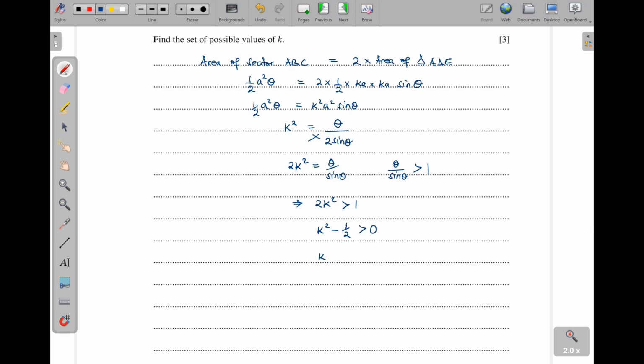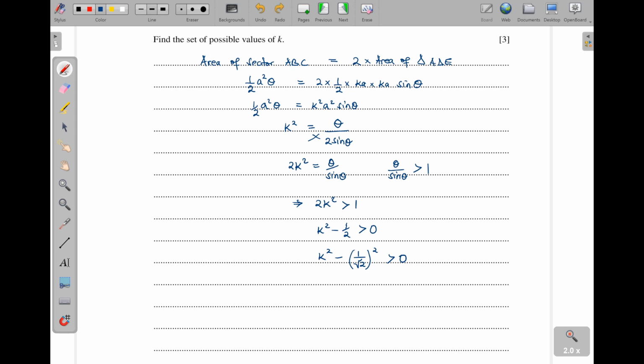And to transform this into the completed square format, I can have k squared minus 1 over root of 2, then squared. So that when I square here, I get this.